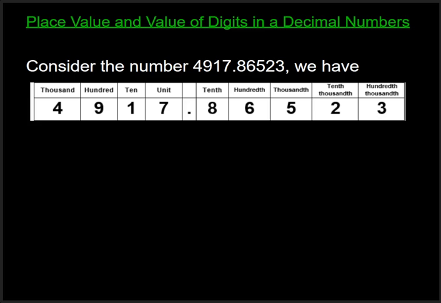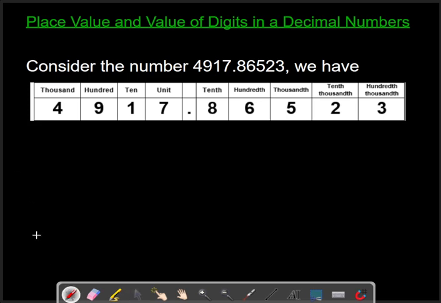Those are the place values, which we can get the values from. So for today, we'll be looking at the place value and value of digit in a decimal number.